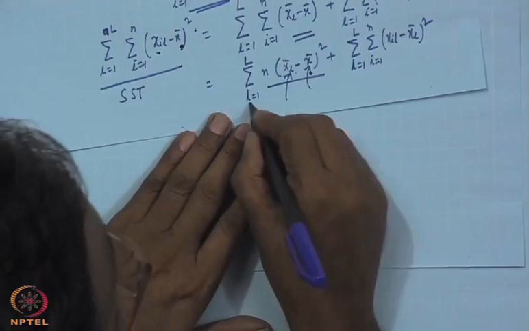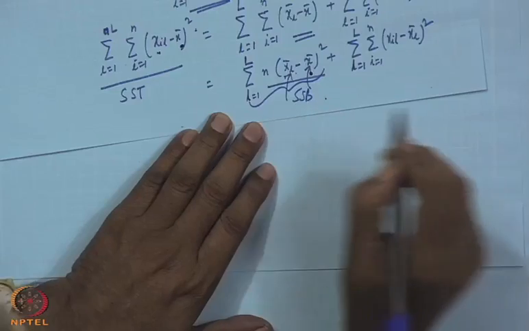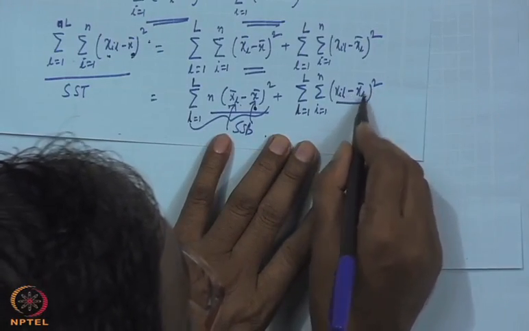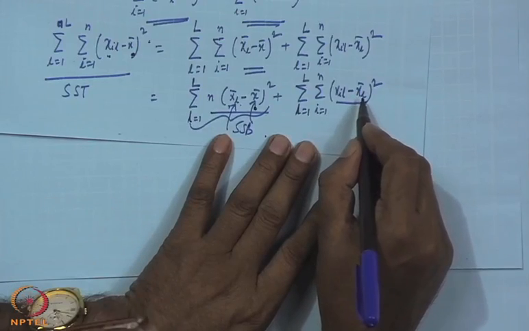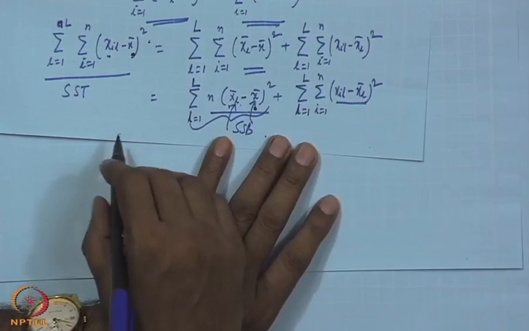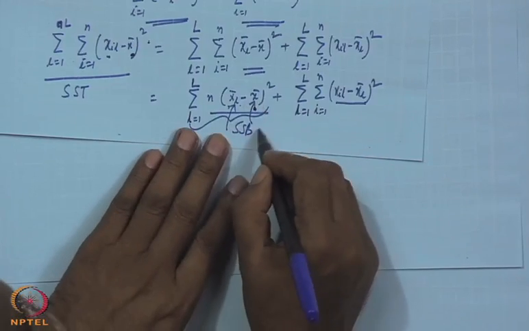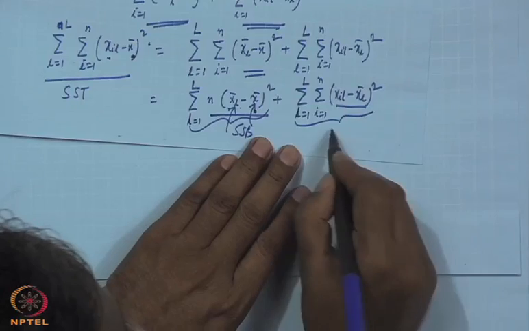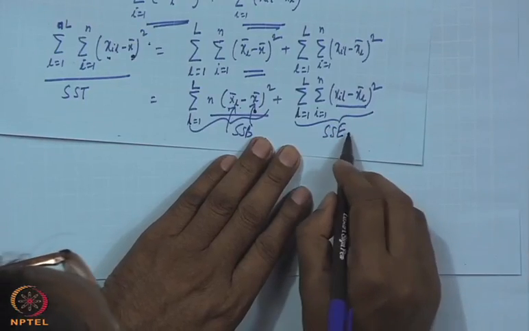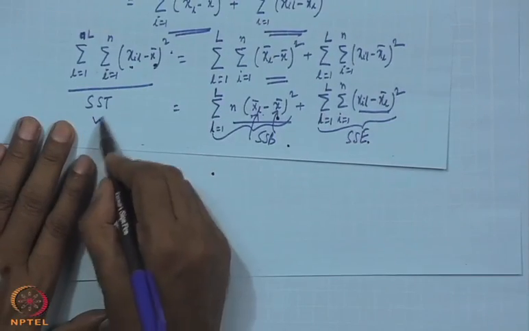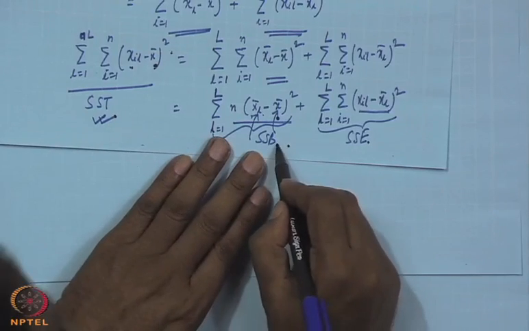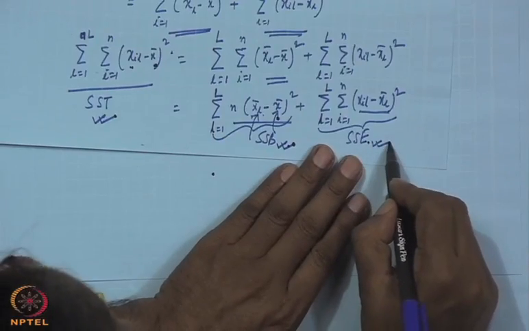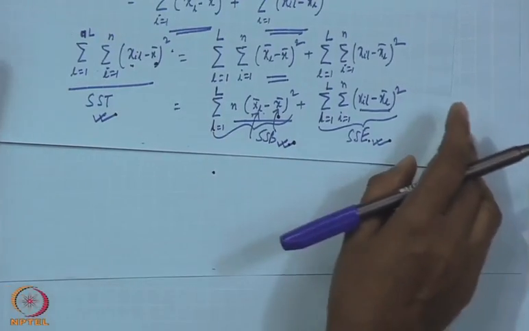So, that is why this quantity is known as SSB, and we have seen earlier also that x_iL minus x_L bar is nothing but the error part, which is not explained by SSB. So, this is SSE, sum square error. Now, sum square total is equal to sum square between populations plus sum square error. So, what is happening here then?